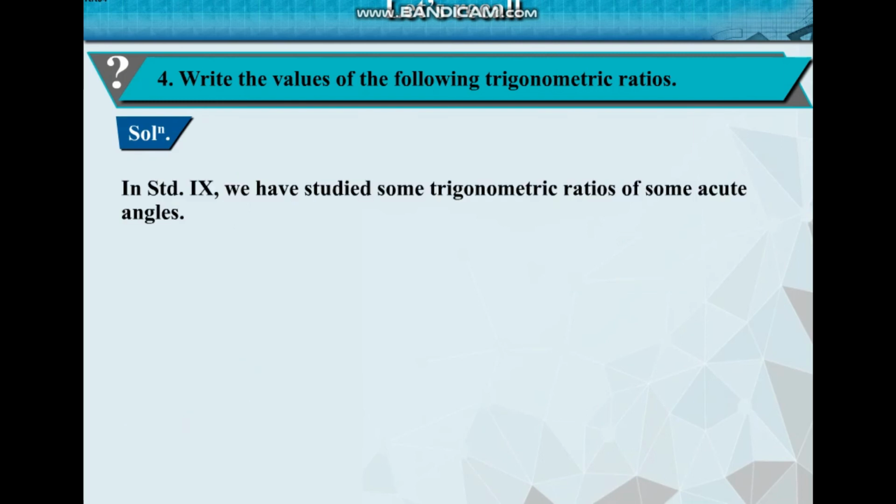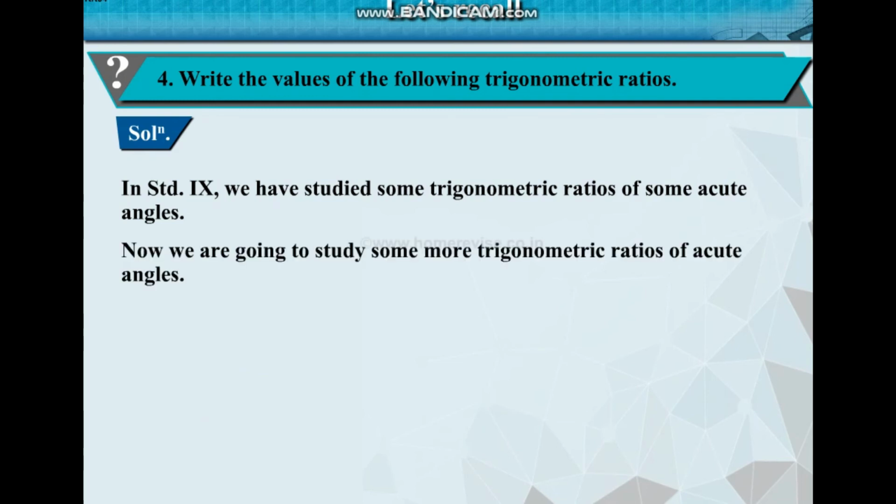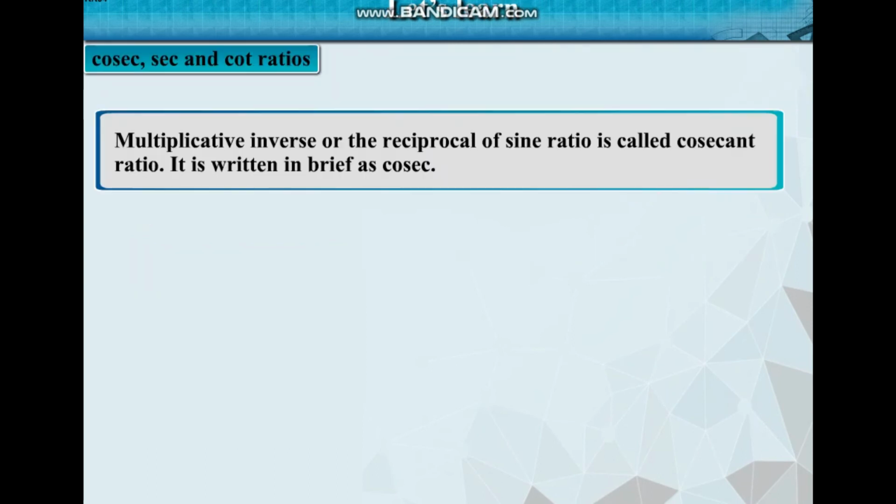In Standard 9th, we have studied some trigonometric ratios of some acute angles. Now we are going to study some more trigonometric ratios of acute angles. The multiplicative inverse or the reciprocal of the sine ratio is called the cosecant ratio. It is written in brief as cosec.